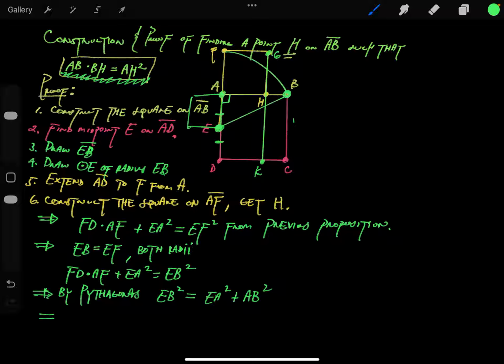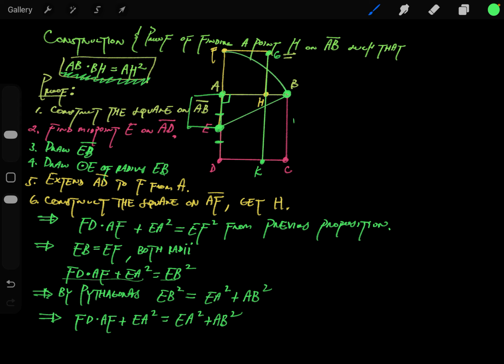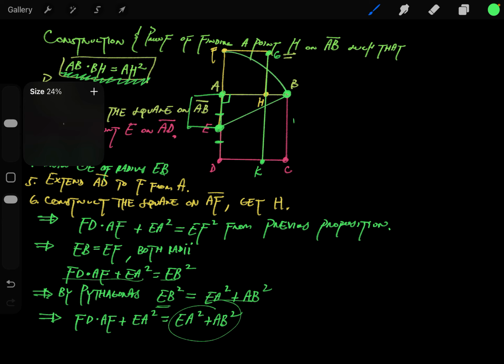Then I can substitute: FD times AF plus EA squared is equal to EA squared plus AB squared, because EB squared is equal to both.